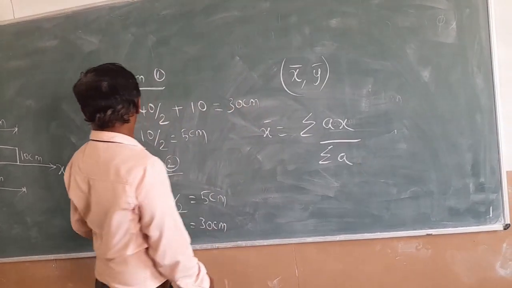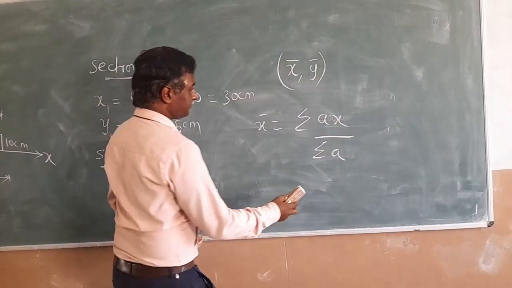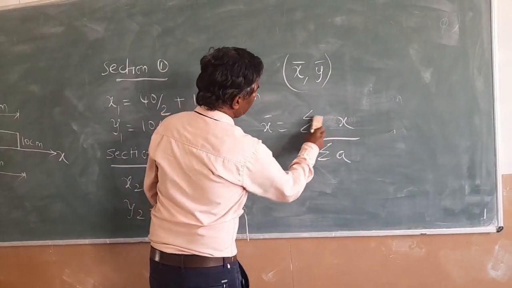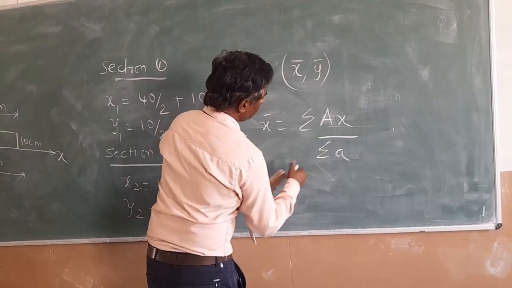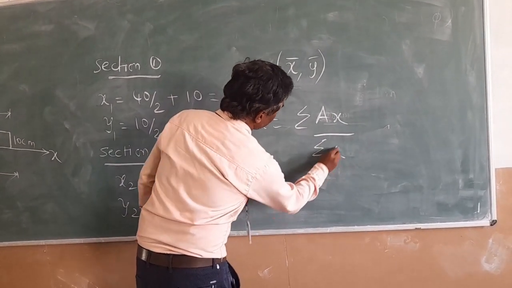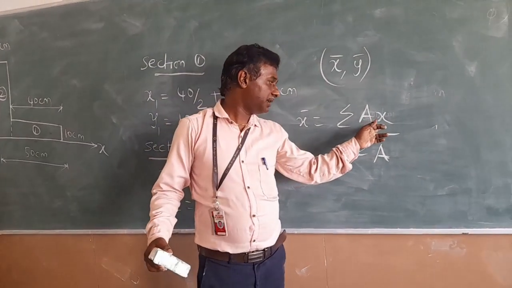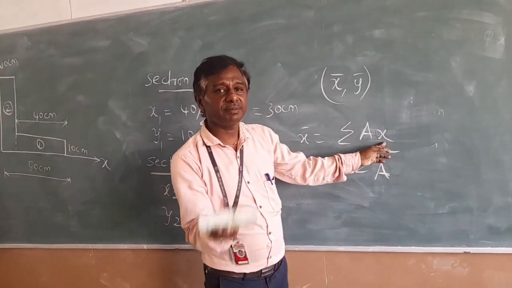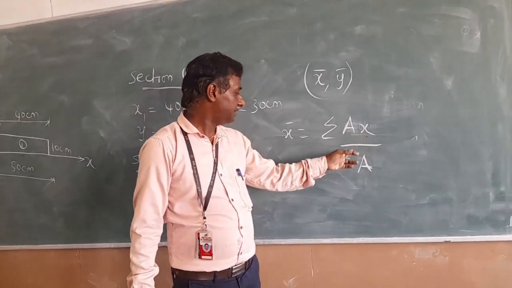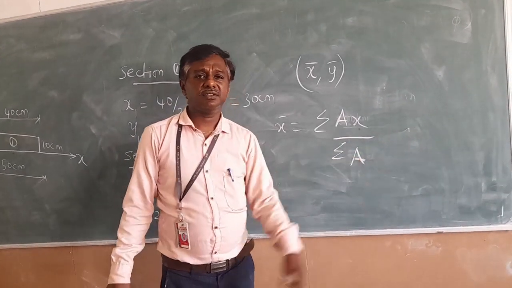Let's take area as capital A. So it is the sum of area multiplied with the centroid of the particular section, divided by the sum of the total area.